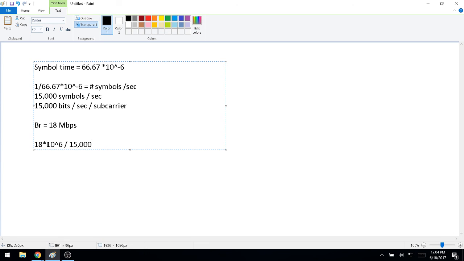If our channel can support 18 megabits per second, then this will tell us how many subcarriers we need to achieve this full data rate. So doing the math, 18 times 10 to the 6 divided by 15,000 tells us that we need 1,200 subcarriers, because each subcarrier does 15,000 bits per second. So with 1,200 subcarriers, we have a total bit rate of 18 megabits per second.